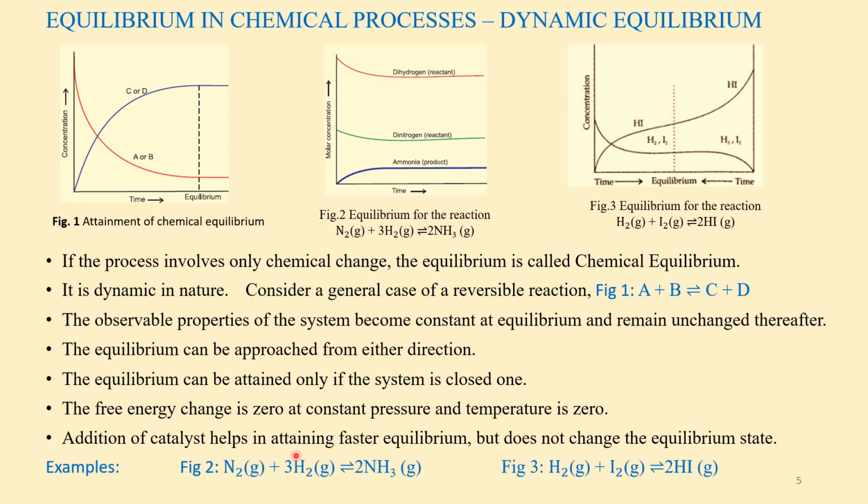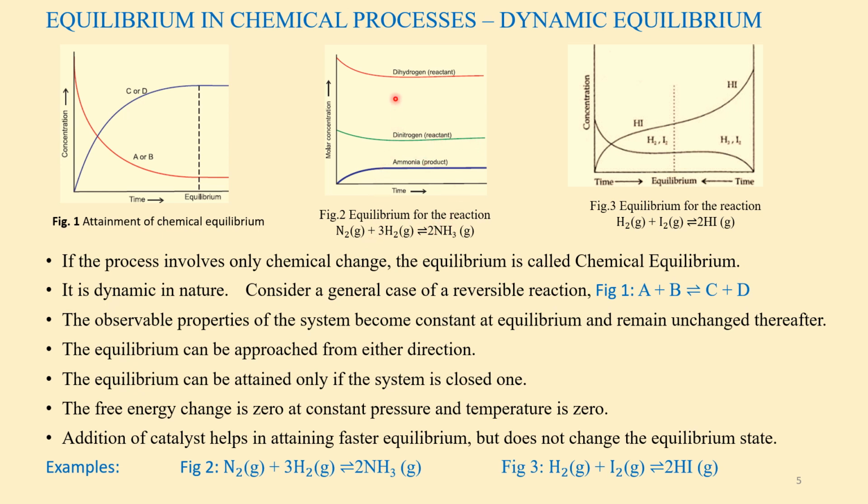Few more examples are that of equilibrium of the reaction N2 plus H2 in gaseous state in the forward direction forming the product NH3. In the reverse direction, NH3 splits to form nitrogen and H2. All are in gaseous state. The respective concentrations are shown in the figure.